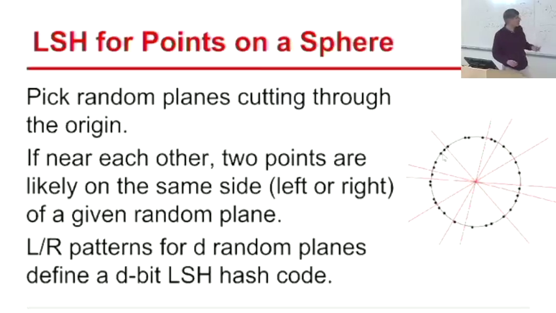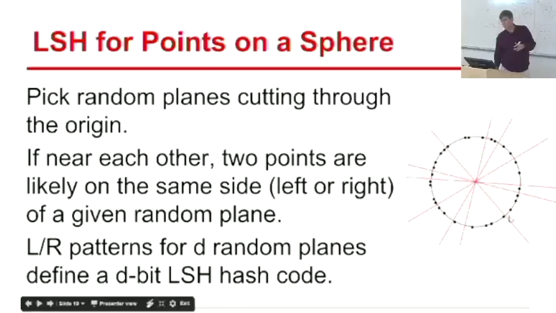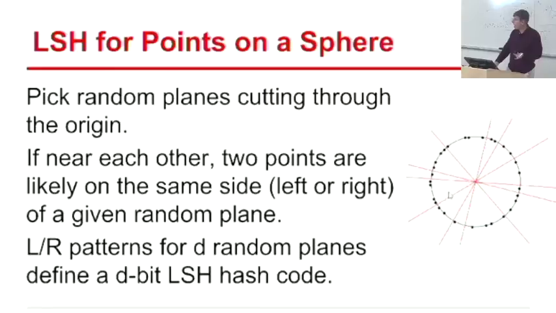What if I now go and do this again with a different set of random planes? Now I get a second crack for points to collide. And if I do this a couple of different times, let's say 5 times, then if I hash my query point according to each of these 5 sets of lines, there's going to be some other residents in the bucket.